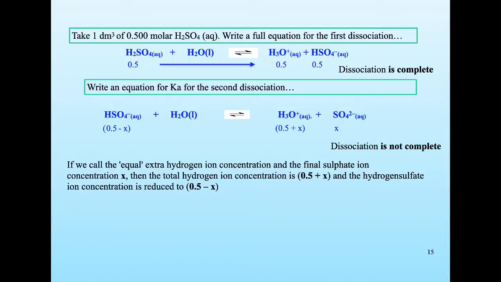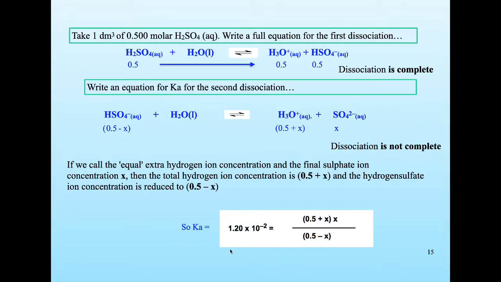Okay. Now, let's think about my expression for Ka. Ka is going to be these concentrations divided by this concentration. Remember, the water doesn't figure, does it? So Ka is going to be, we're going to use the figure 1.20 times 10 to the minus 2 for Ka, and it's going to be the concentration of the oxonium ions times the concentration of the sulfate ions divided by the concentration of the hydrogen sulfate ions.